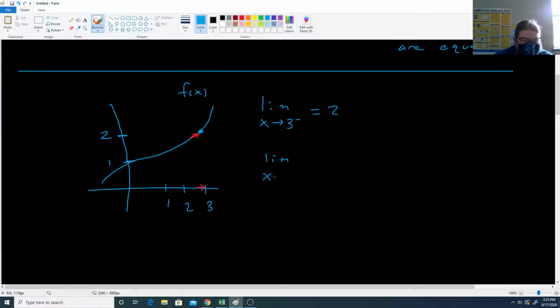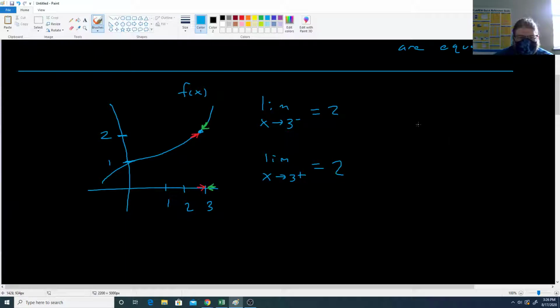The limit as x approaches 3 from the right: if you're approaching 3 from the right, in terms of the y values, you would be approaching from above. In this situation, the y values as you approach from above also equal 2. So the left limit and the right limit both equal 2.